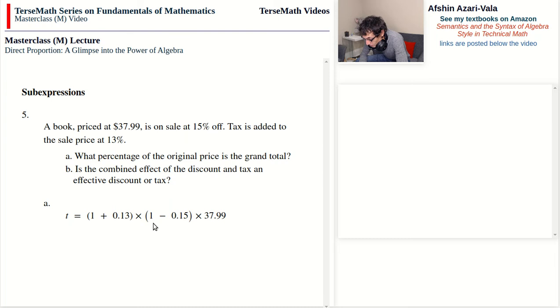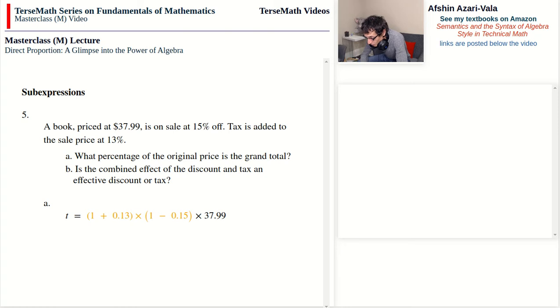So that's what this does: 100% minus 15% becomes 85% of the price. So these 2 factors together compute the sale price. And then to find the grand total, we find 113% of the sale price. Okay, so that was the approach that we used to set up an equation for this problem.